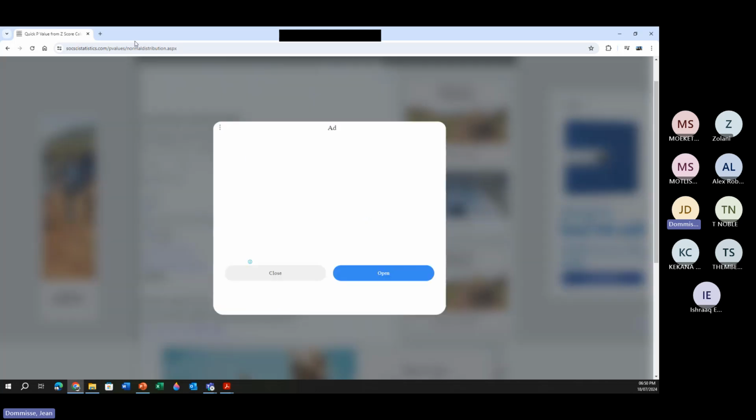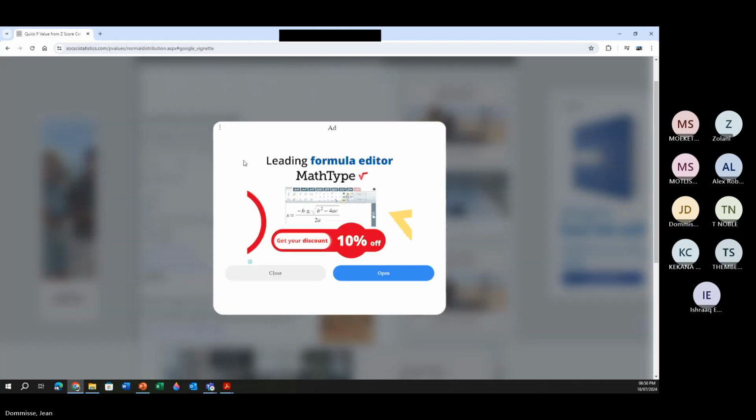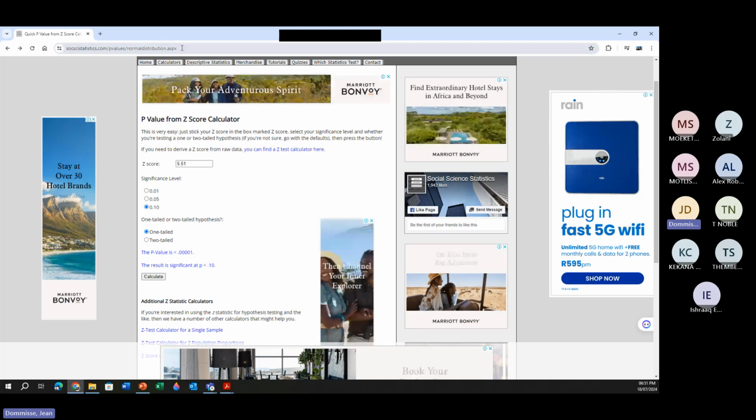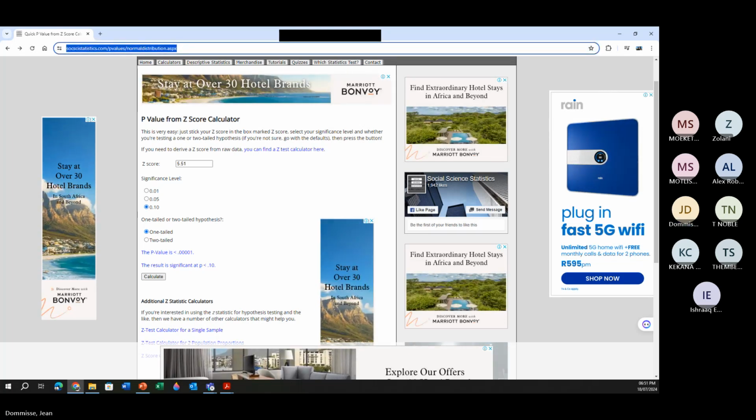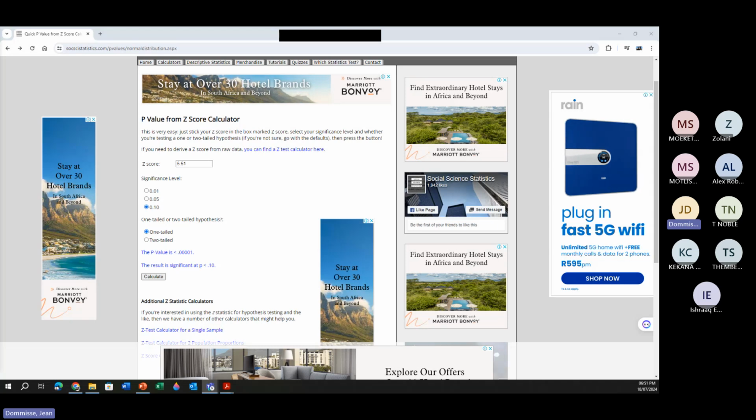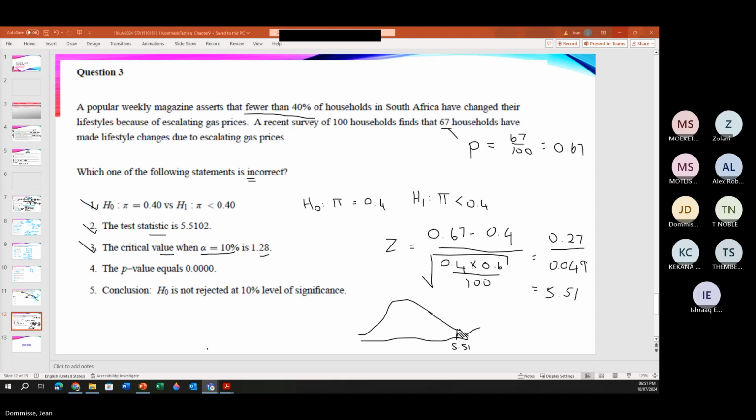Okay, so what I am going to do is include this in the chat, so that if you want to test, you can use that one. I am also going to put it in the notes.